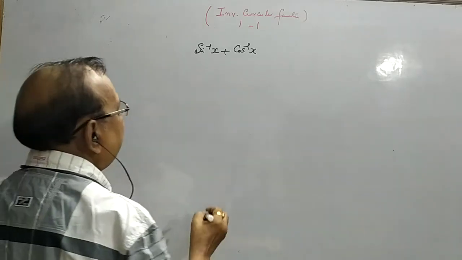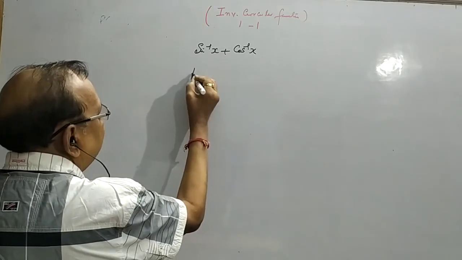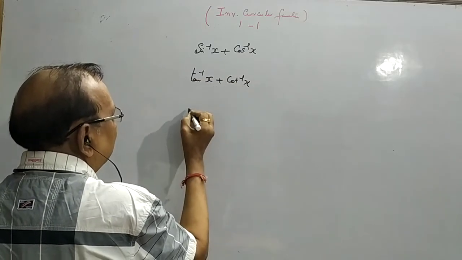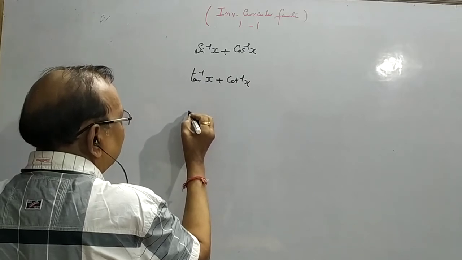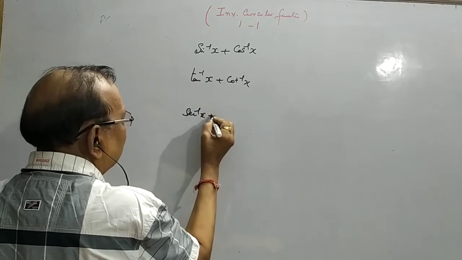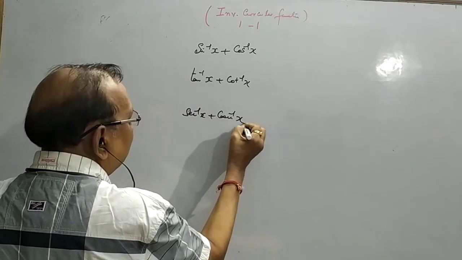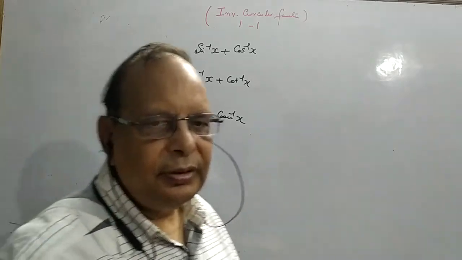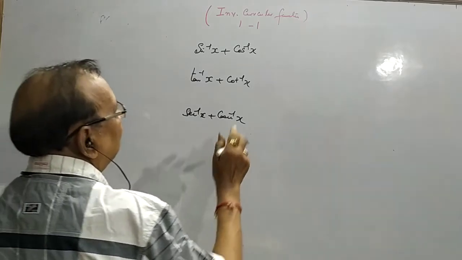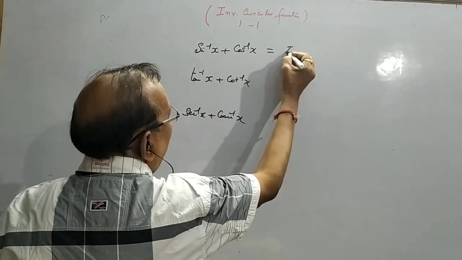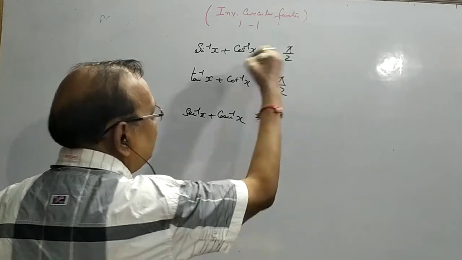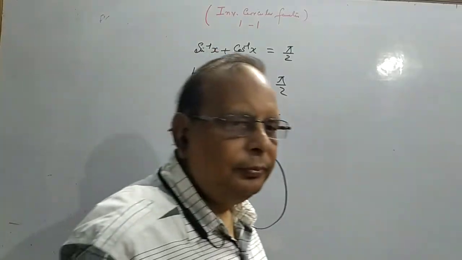There are 3 pairs, tan inverse x plus cot inverse x, and third one is sec inverse x plus cosec inverse x. That will be how much? Pi by 2, that is also pi by 2, and that is also pi by 2. There is no problem.